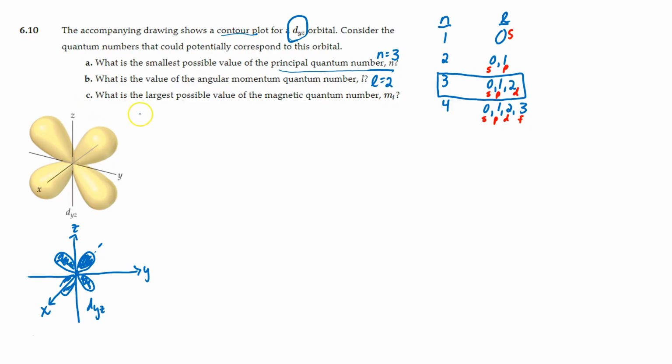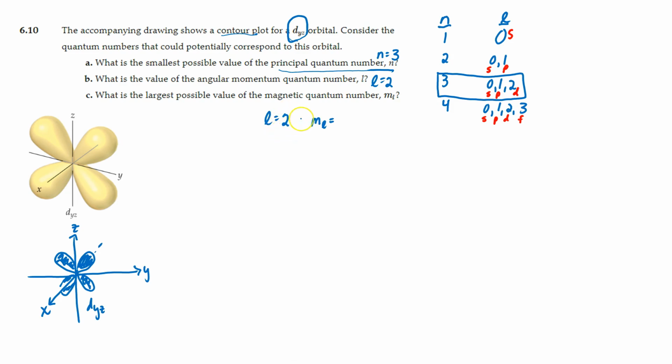That's all I wanted to say. And now for part C, what is the largest possible value of the magnetic quantum number m sub l? So we know that l is 2. The allowable values of m sub l depend on the value of l, just like the number of rooms in a building depends on what floor you're on.